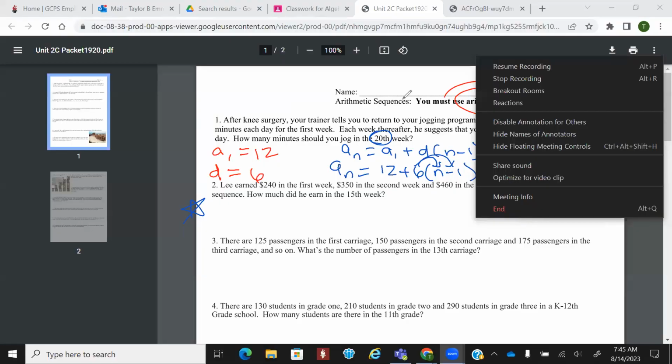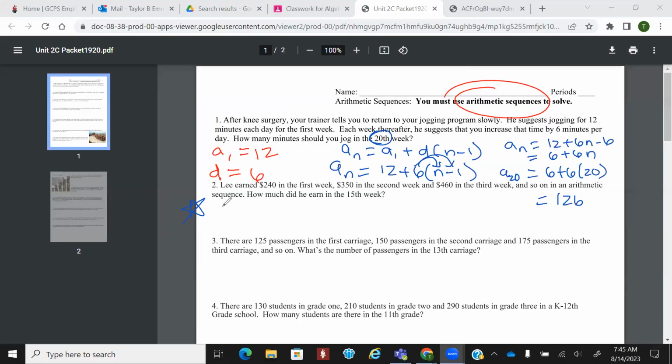So let's see how you're doing on this. What's your first term? And then how much are you going up by? All right, when we plug into our equation, we have a sub 1, which is 240. Our common difference is 110.